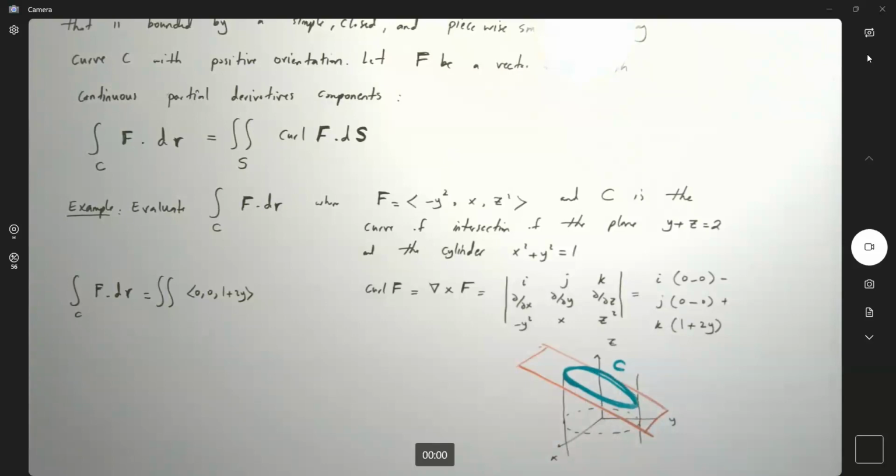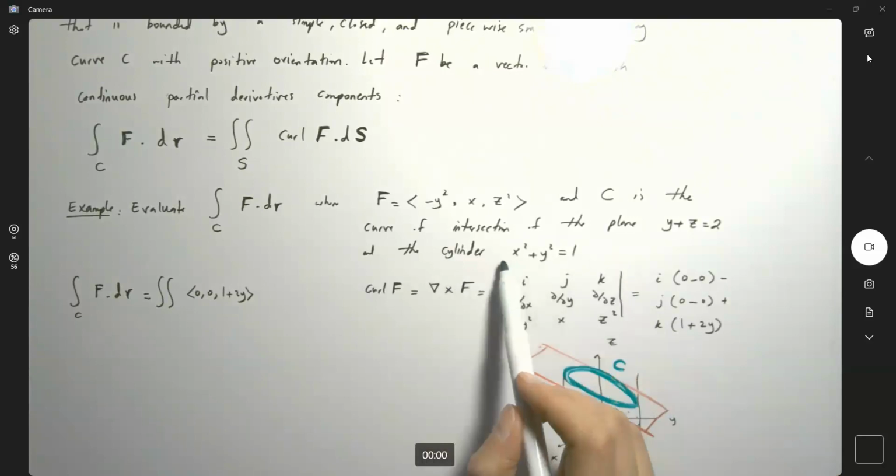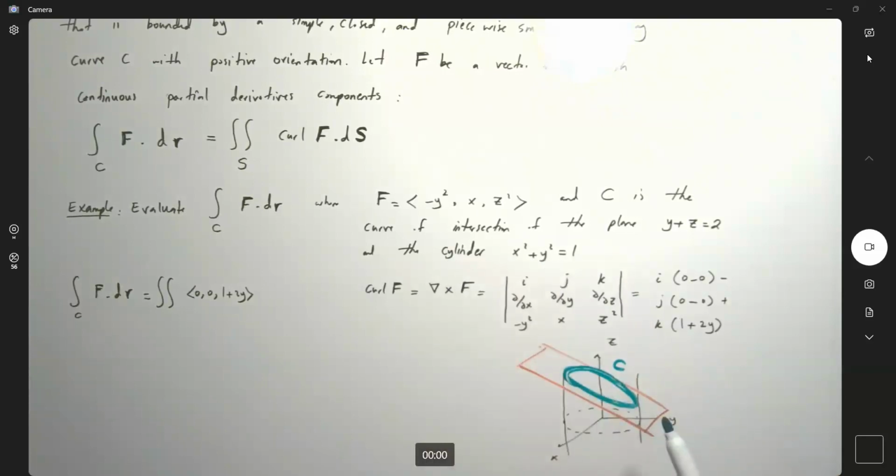And it's positive orientation. So take a look at this object here. Here you have x squared plus y squared equals 1. And if you just look at the region, it's x squared plus y squared less than or equal to 1. Very good. So remember what we did before, we said we can define z as a function of x and y. In this case, z is equal to 2 minus y, right?